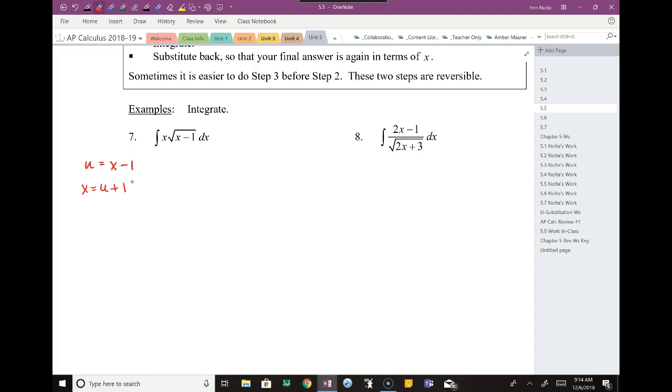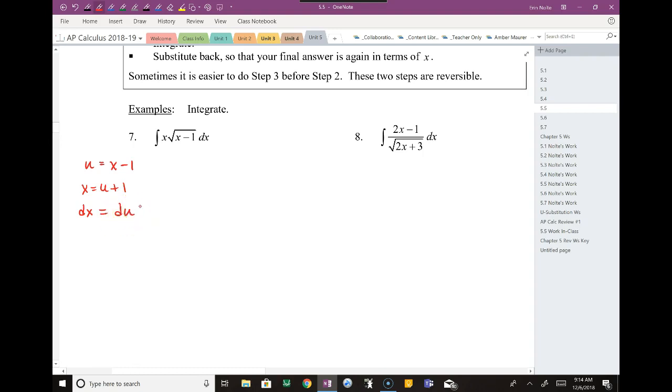The derivative of x is 1 dx. We need to make sure that every time we integrate a variable, we write dx, or if I integrate a v, it would be dv, or a u, it would be du. So what is the derivative of u plus 1? Du.